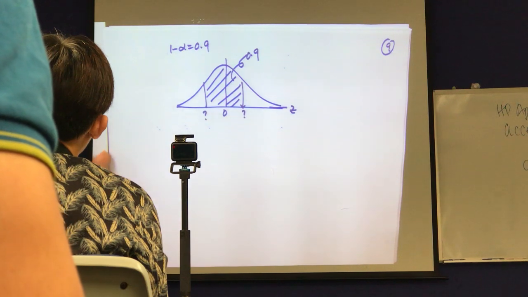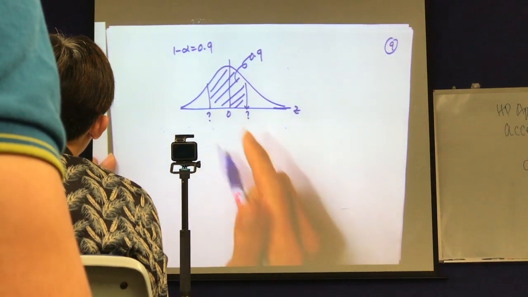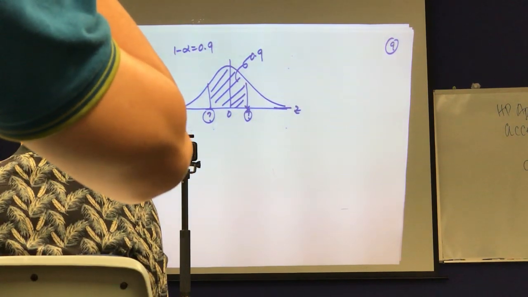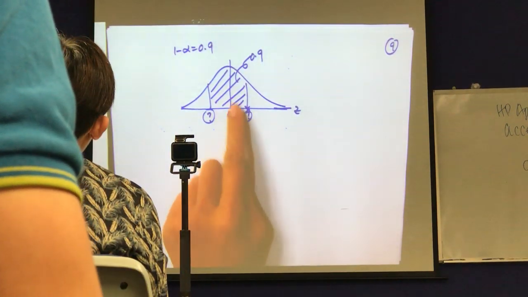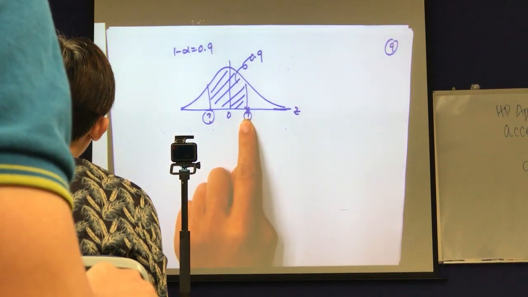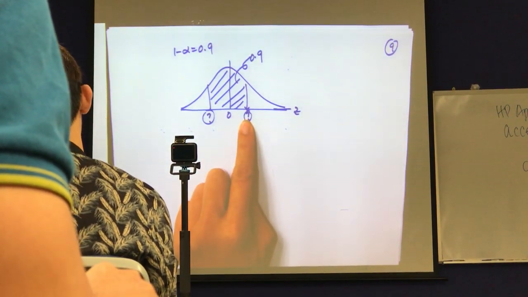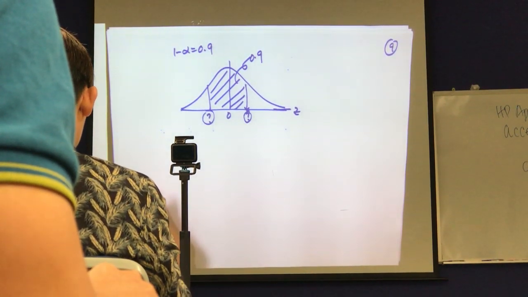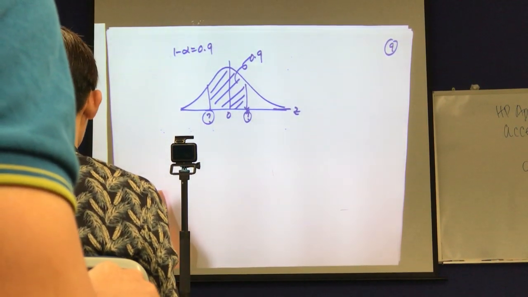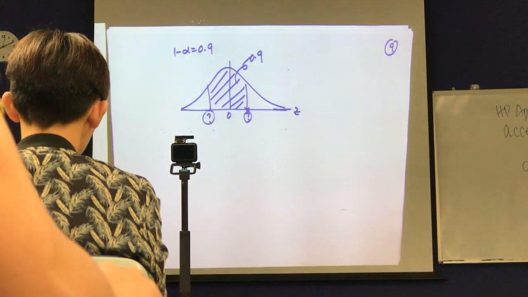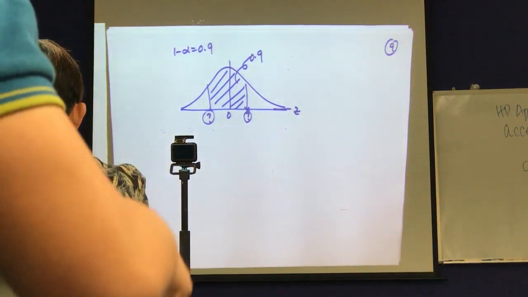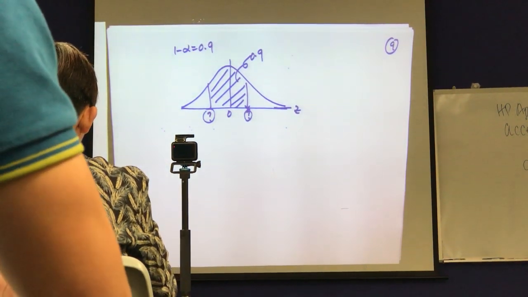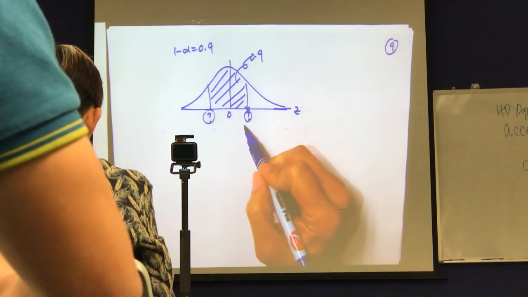Give you 2-3 minutes, try out, find out what is this value here. This is what we have learned with last lesson. Given area, find value. Try this one out, which is what we learned, A and B. Can someone find out this is 1 point?